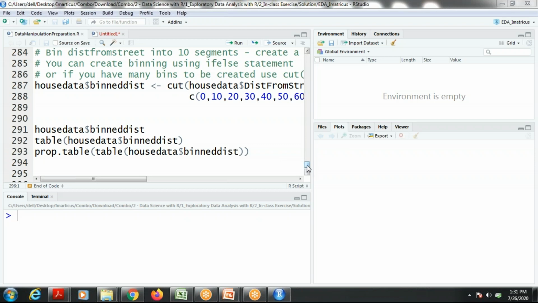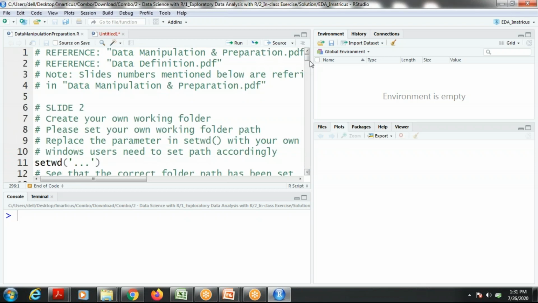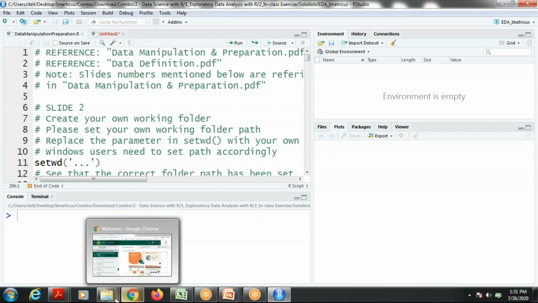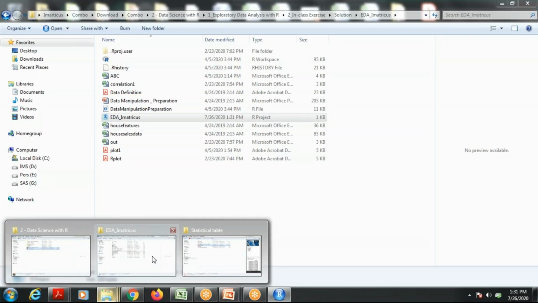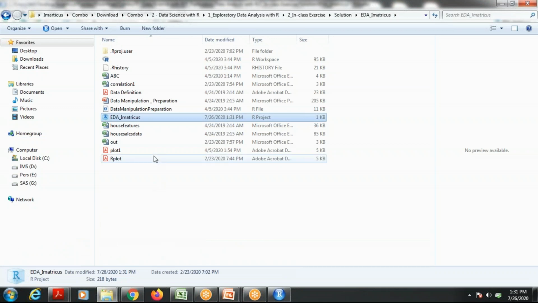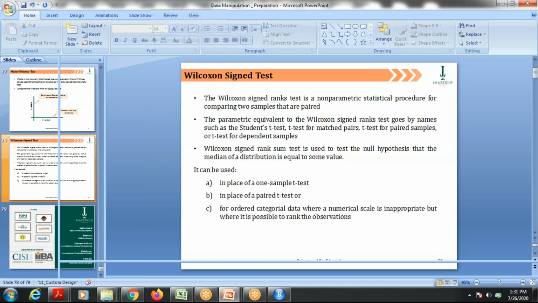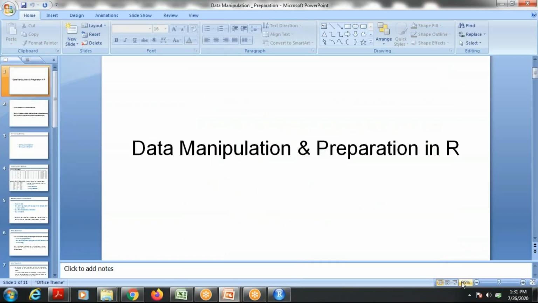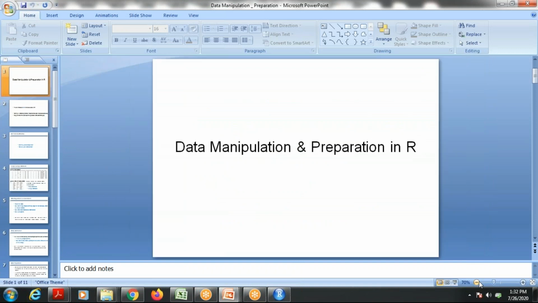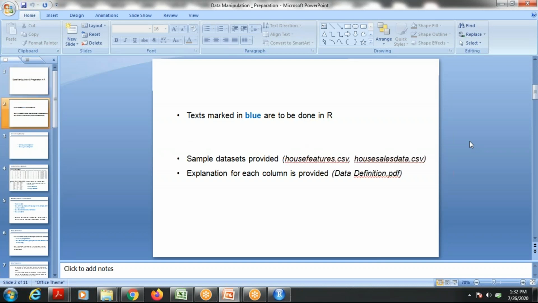Now we are going to do some process, and for that we have one problem statement. It is about how to do data manipulation and preparation in R. It's an assignment kind of task. I'm going to complete it, and you can follow along.